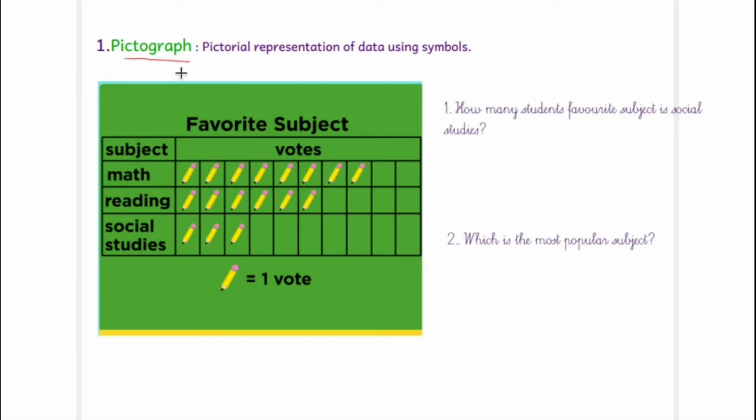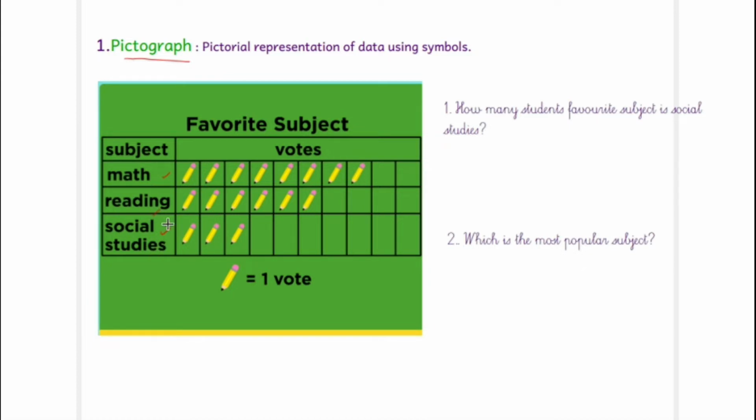What is a pictograph? A pictograph is a representation of some data by pictures. I think you have learned this from class 5 onwards, and it is very easy. From this picture only we can come out with the data, that is, the favorite subject. Suppose a teacher has asked some students what their favorite subject is, and the options are maths, reading and social studies.